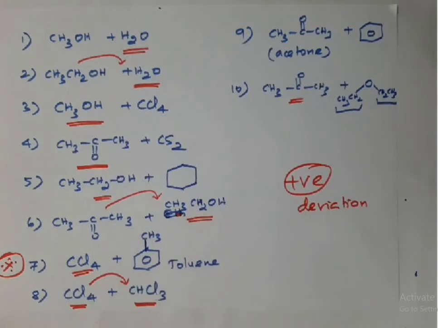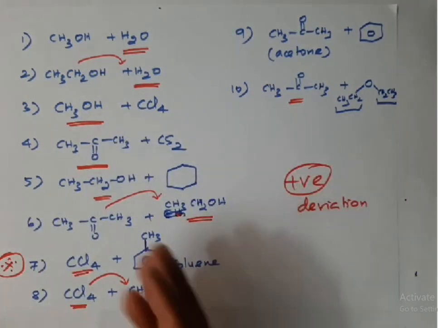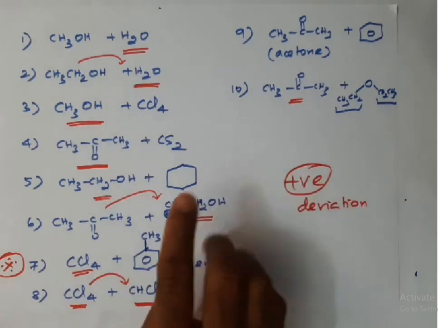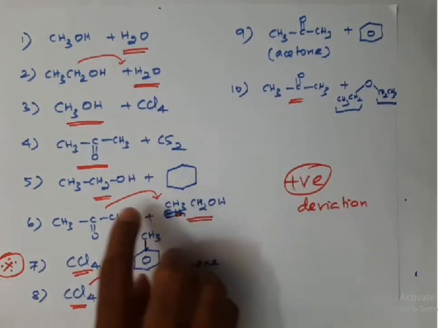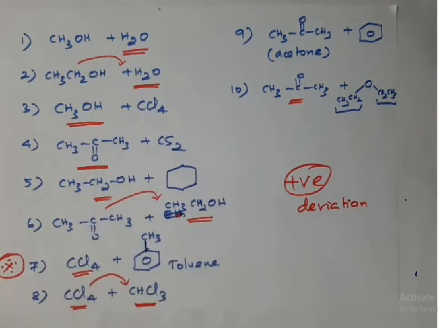Okay, is this clear, student? Any doubt? Note down all these examples. Okay, and keep this in mind. In general, whenever alcohol comes, see, ethanol, alcohol, you can say that the solution shows positive deviation, right?